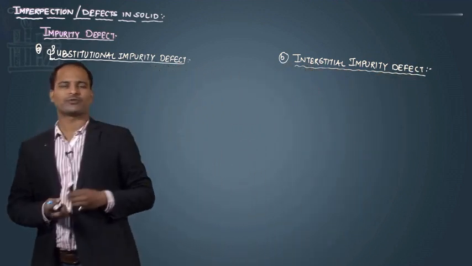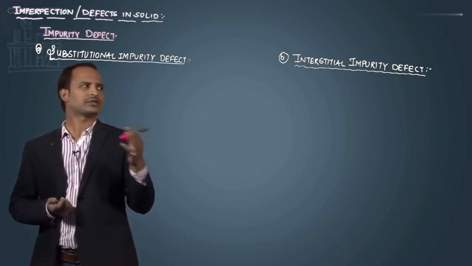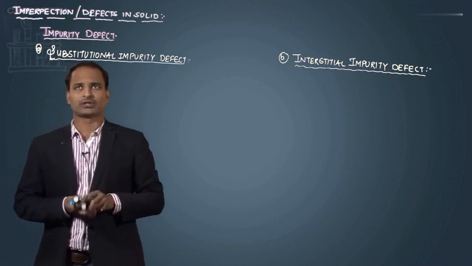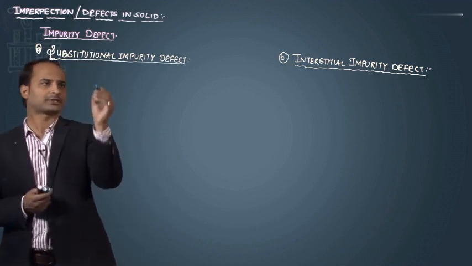Now let's see what these two types are. The first one, substitutional impurity defect.